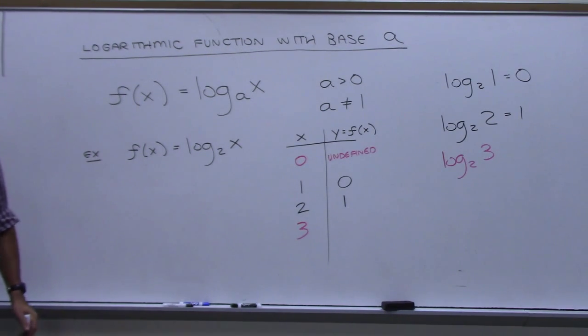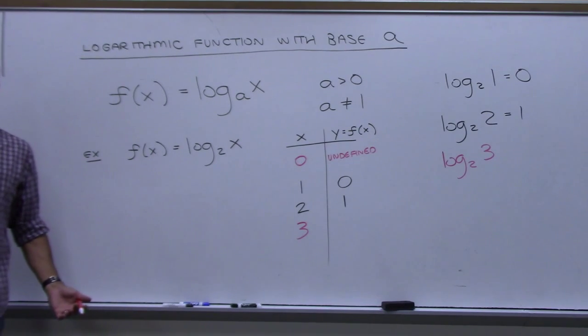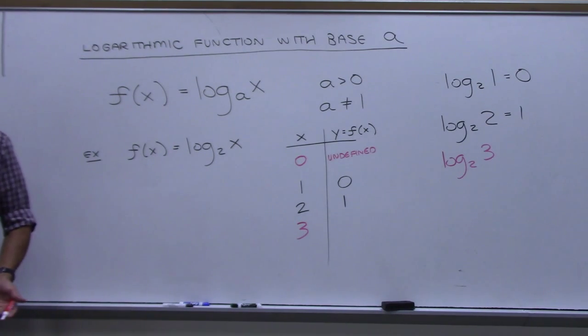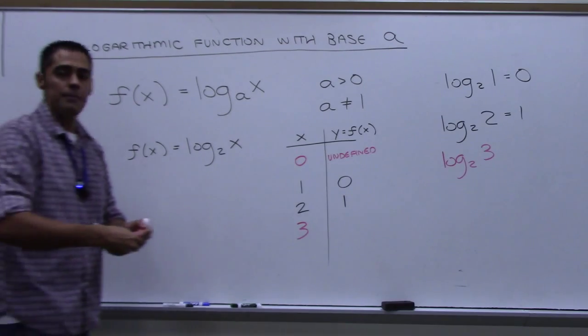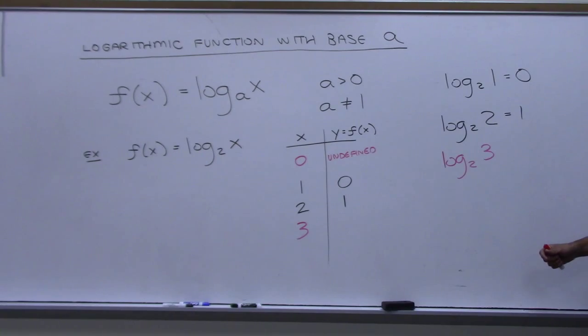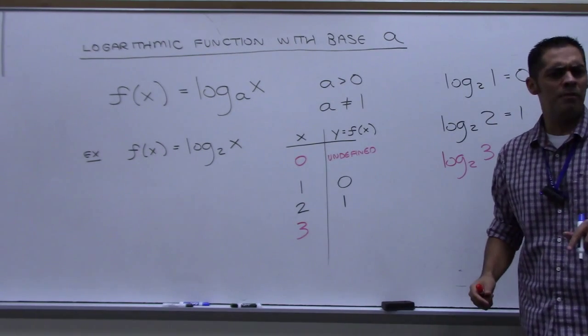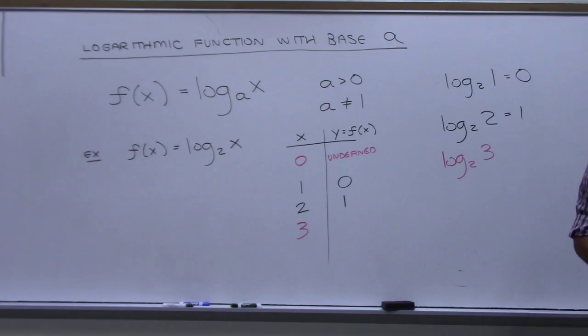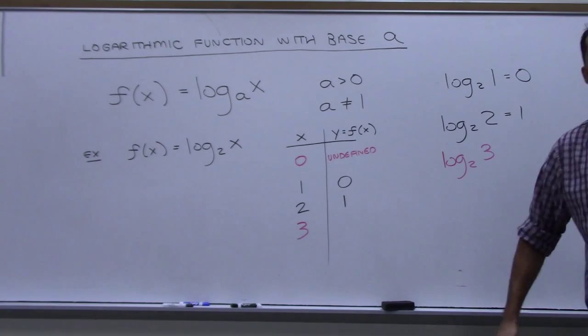The next natural question would be, why doesn't my calculator have the ability to do all logs? Why does it only have 2 keys? It turns out we have something called the change of base formula. You'll get that at the end of class today or the beginning of next class. There is a calculator that has it working, a more basic one, not one of the fancy ones, I think the 82.